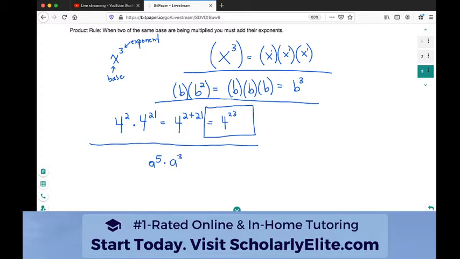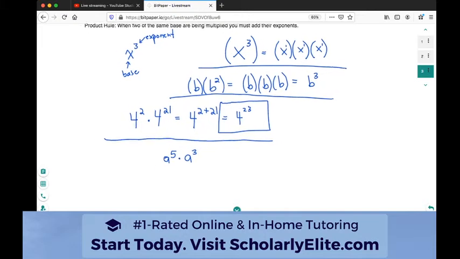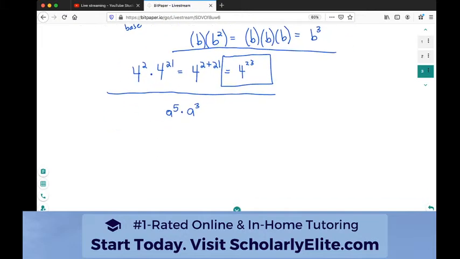So again, I'm going to break this down for you guys so that you can see how this all happens. Okay, so a to the power of 5 can be broken down like this: a times a times a times a times a. That's 5 times. Okay, and these are all a to the power of 1. And then that's also times a to the power of 3, which is a times itself 3 times.